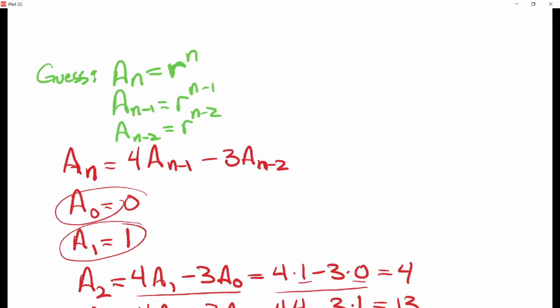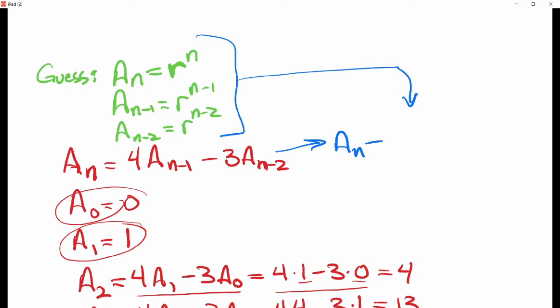Before I plug this in, let me erase this stuff up here. I'm going to rewrite this into the standard form, which is to have all of the stuff on the left and 0 on the right.